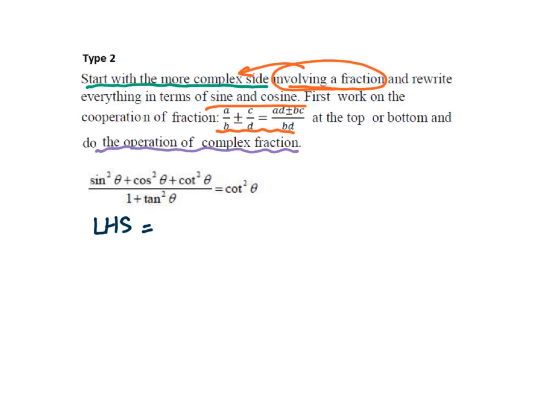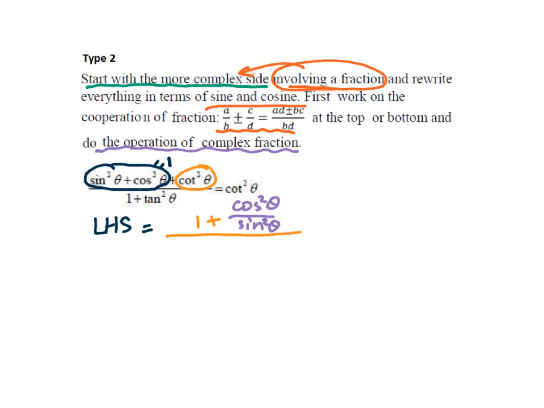Check over here, we know that sine square theta plus cosine square theta equals 1. That's the Pythagorean trig identity. Therefore, I got 1 plus cotangent square theta equals cosine square theta over sine square theta.